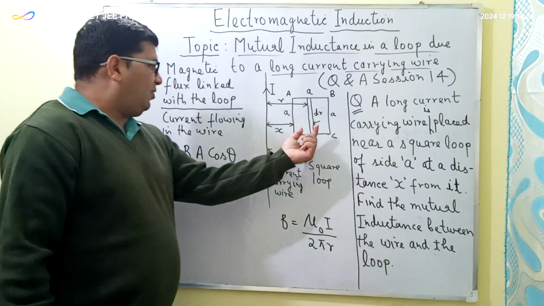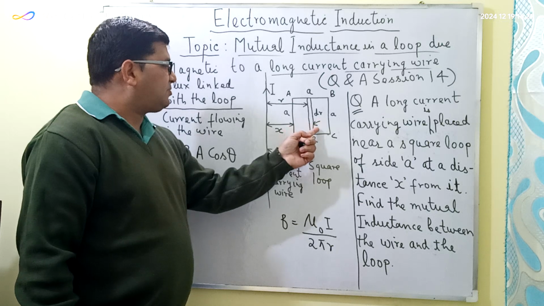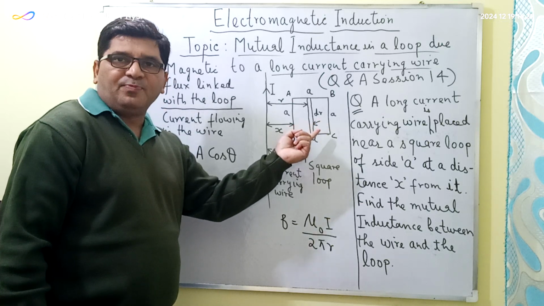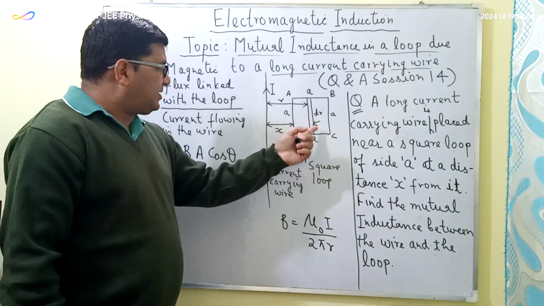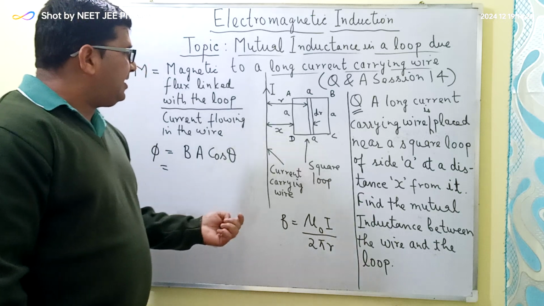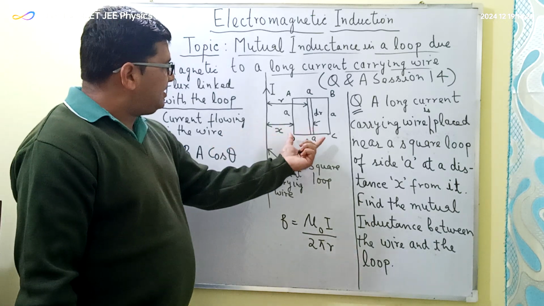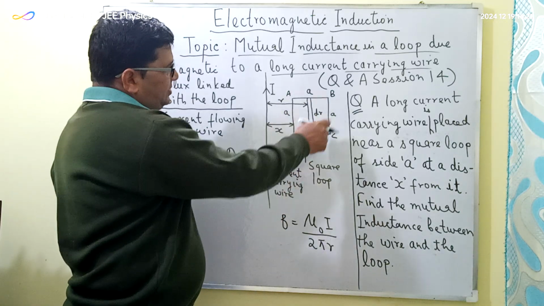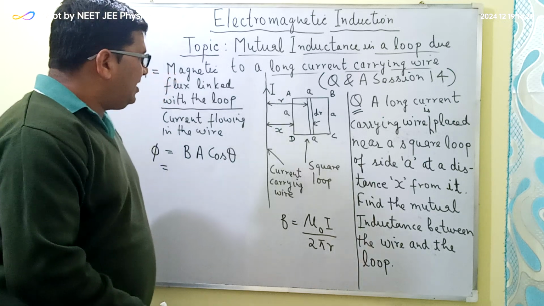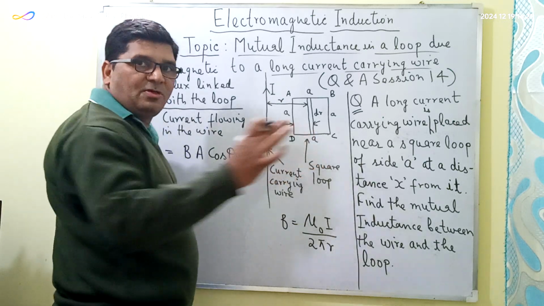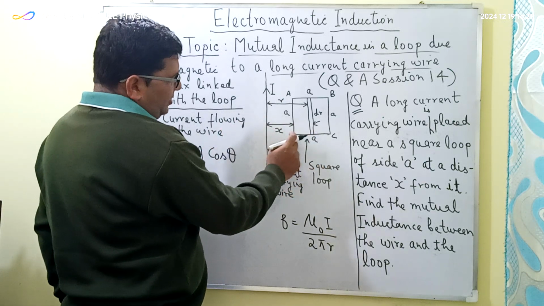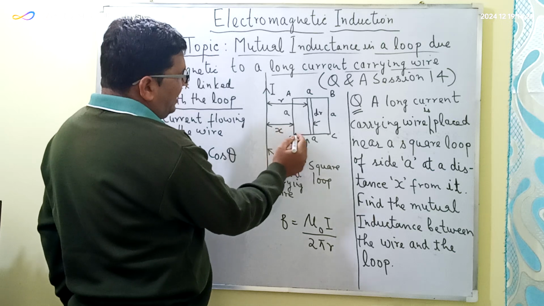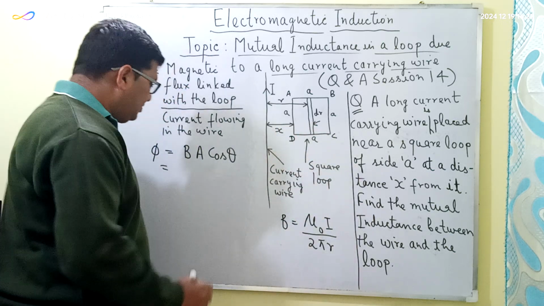I will be first of all finding the magnetic flux which will be linked with this small element of thickness dr, and then we will integrate in order to find the magnetic flux through this square ABCD. I will integrate that value within the limits of x and x plus a.